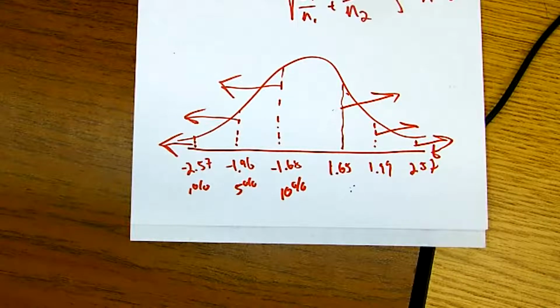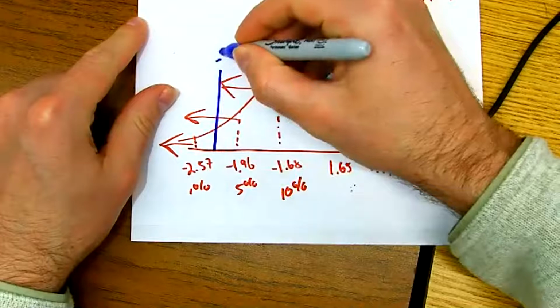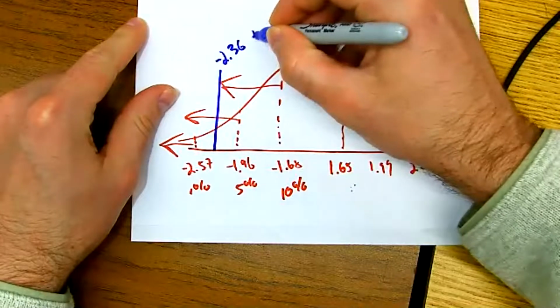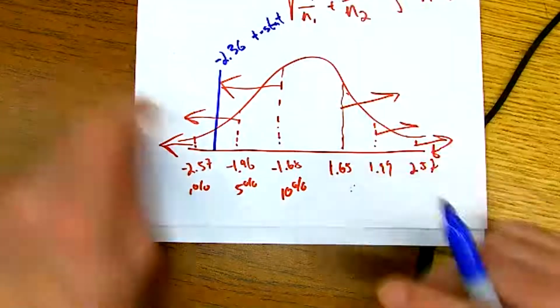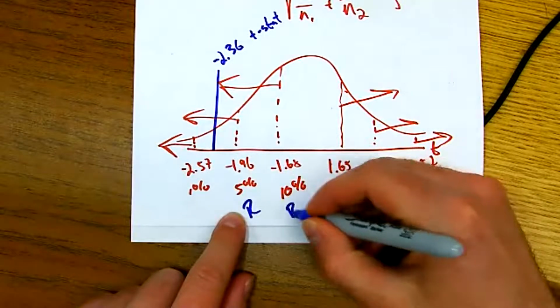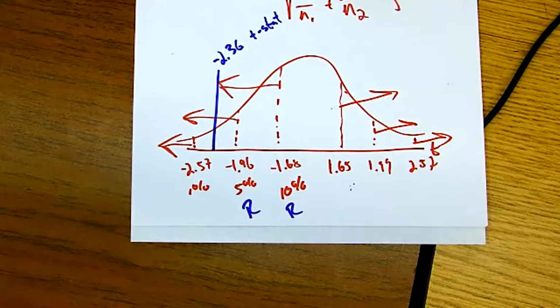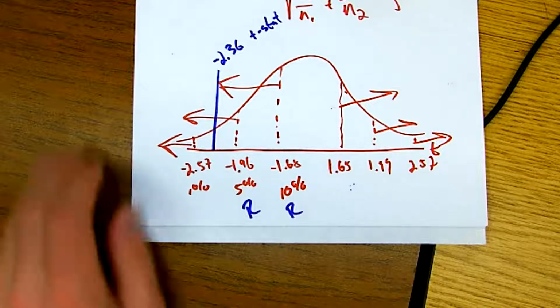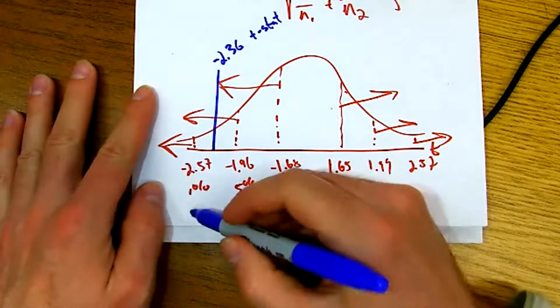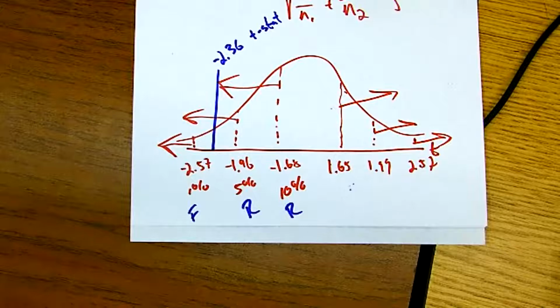If I looked at my test statistic and I plotted it, it is negative 2.36 was that t-stat. So I'm in the rejection region at the 5 and 10% level, so I can reject the assumed true difference of 0 at the 90 and 95% level. But I'm not in the rejection region at the 1% level, so I fail to reject 0 as the assumed true difference.